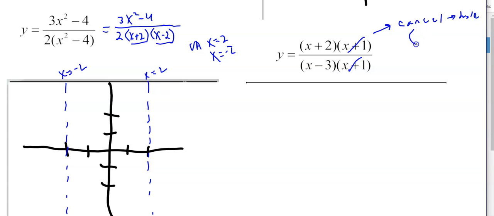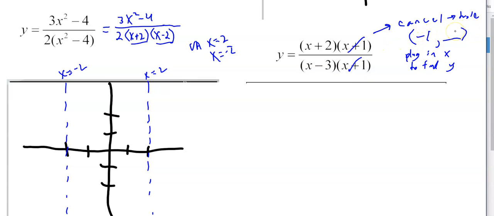And right away, normally you would think there's an asymptote at x equals negative 1, but there's going to be a hole at negative 1. But you have to figure out the y value. So to figure out the y value, the key to this one is to plug in x to find y. So once you know, normally there would have been an asymptote at x equals negative 1, but there's going to be a hole at negative 1.